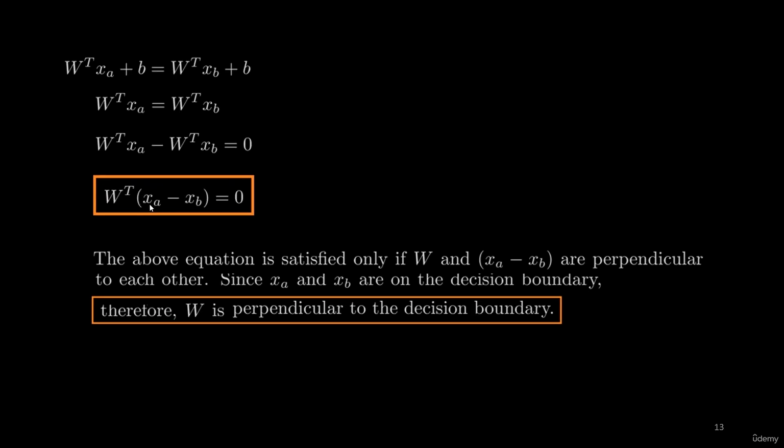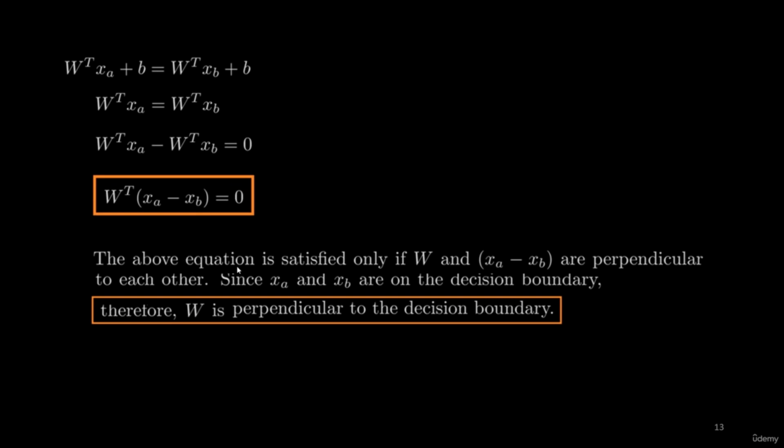Now, since both XA and XB are on the decision boundary, the direction of W is perpendicular to XA minus XB, which lies along the decision boundary. Therefore, in order to produce this 0, the direction of W should be perpendicular.